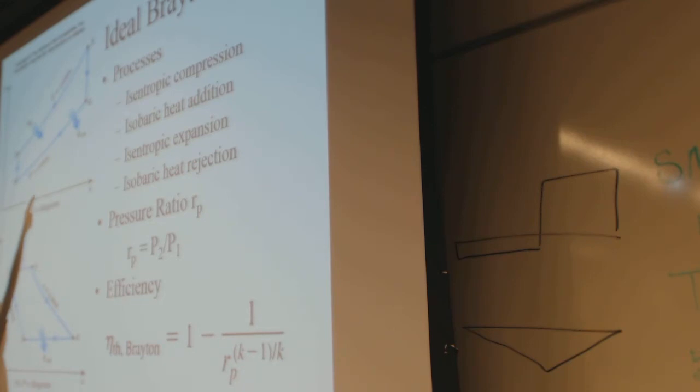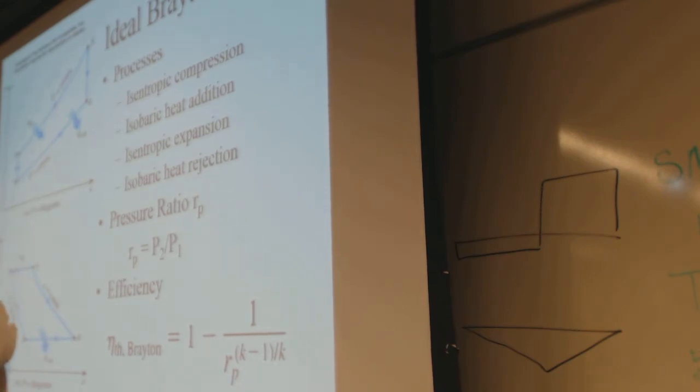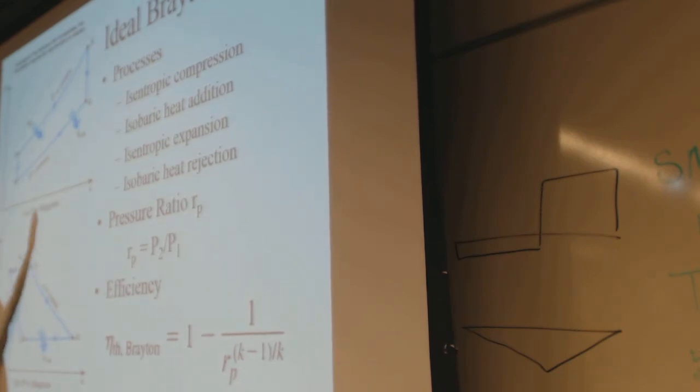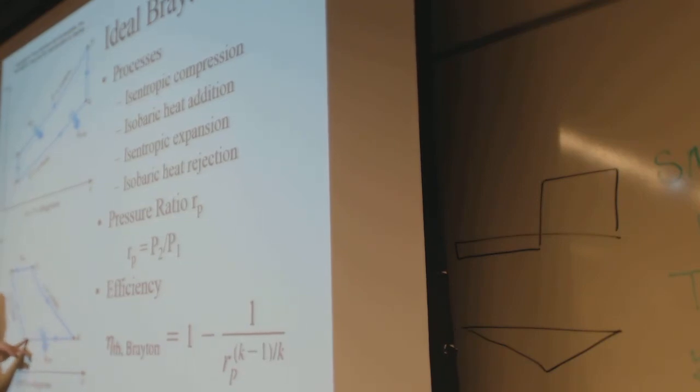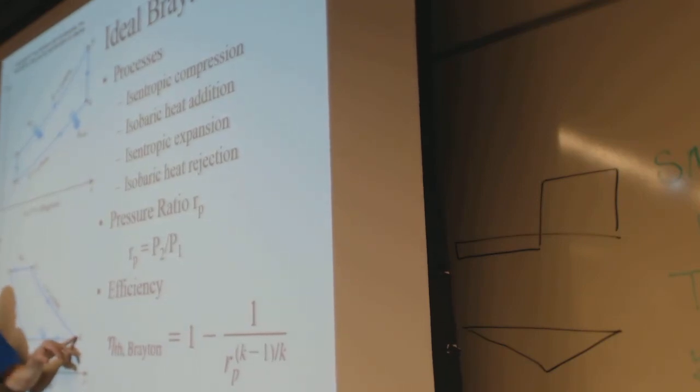And then it expands through the turbine, isentropic, down to the exhaust pressure. If it came in at atmospheric pressure, it's going to leave at atmospheric pressure, but it comes out hot. Your exhaust comes out hot.